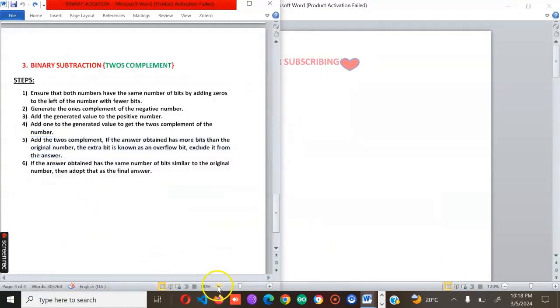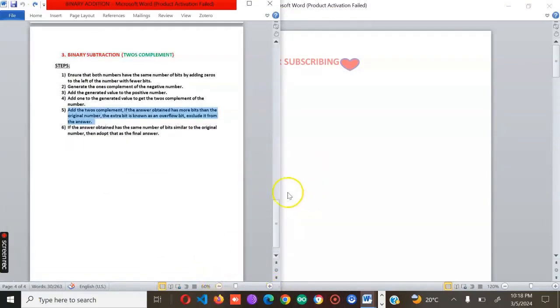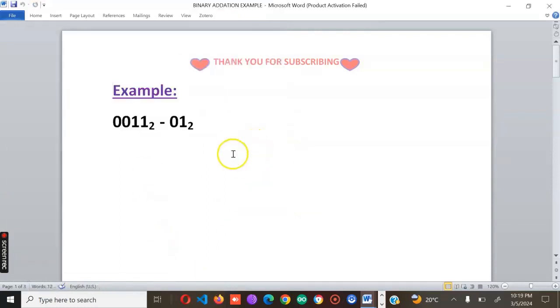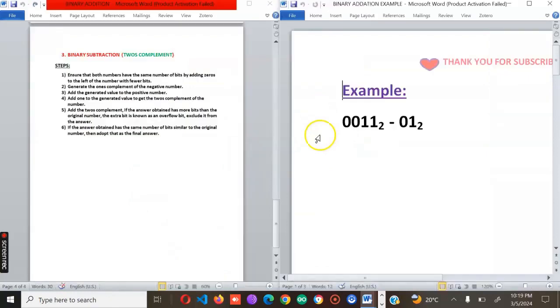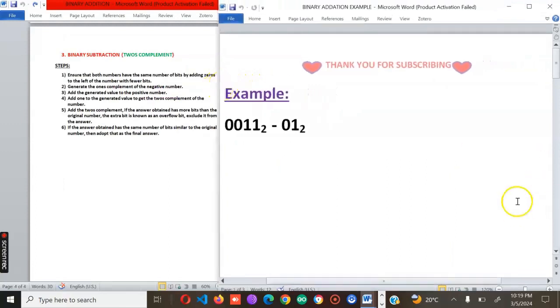Let me minimize this so that we can apply the same concept to work on it. I hope you are able to see the font. So our scenario number 1: we have 0, 0, 1, 1 and 0, 1.